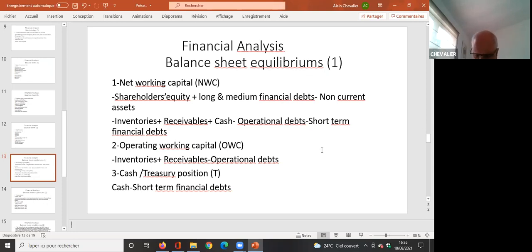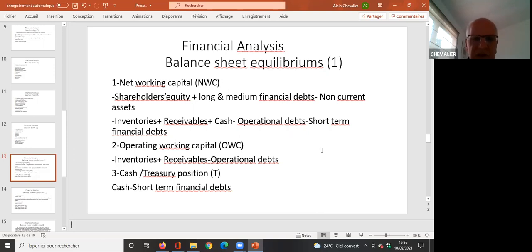It means in one part of the balance sheet, we have the comparison between the long-term resources and the level of investment. We will have kind of cash and treasury analysis on the other side. But between that, we have what we call the operations, the measures in the balance sheet which represent the operations. That means the inventory, the receivables, and the operational debt. Remember, we have the debts to the providers, to the staff, and to the tax administration.